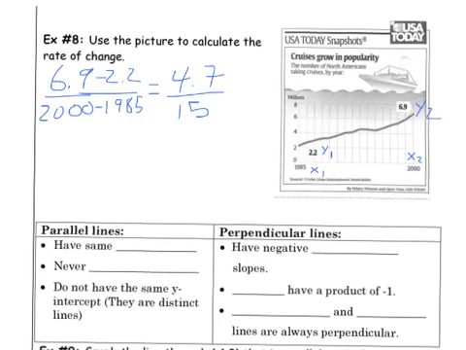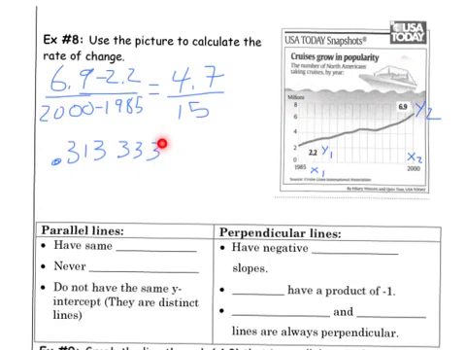Well, let's figure out what that means per year. 4.7 divided by 15, put that in your calculator. You're going to get something like 0.313333. All right, so what does that mean? Does that mean that there's 0.3 more people riding on a cruise every year? No, it doesn't, right? Because this graph is in millions.